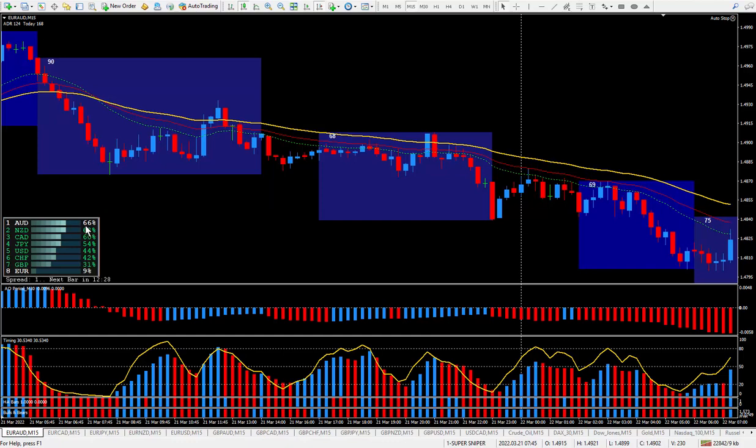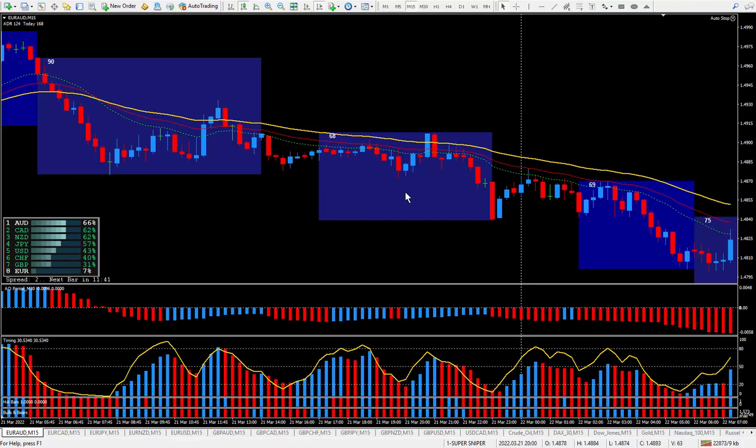This meter, always keep an eye on it, because when you see one or two bus drivers, you're going to get some pips. Just wait for a slight pullback and then get into the trade. So remember, 20 or less is a bus driver for selling, and 80 or more is a bus driver for buying. So in this situation, selling the euro Aussie.